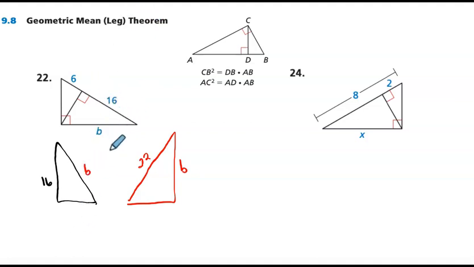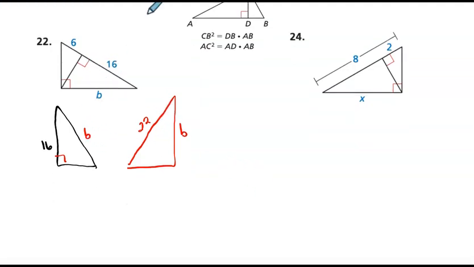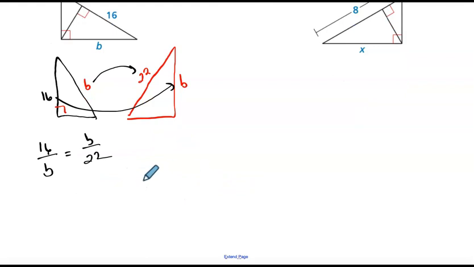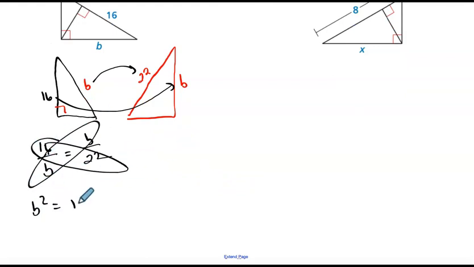So 16 is the longer leg of my right triangle, B is the hypotenuse, and if you look at the big triangle, B is the longer leg of the big triangle, and 22 is the hypotenuse. So 16 over B, so leg over leg, equals B over 22. So then you're just left with B squared equals 16 times 22.